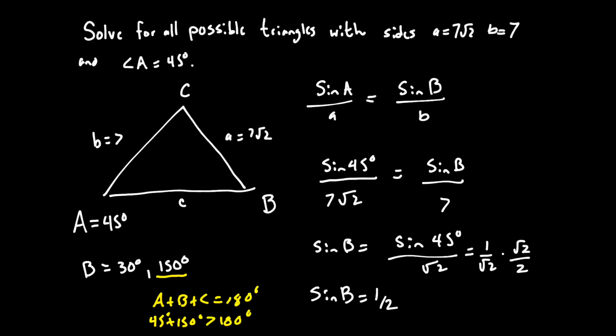And so we can toss out 150 degrees. But we found that B is 30 degrees, A was given to be 45 degrees, which means C is going to be the remainder, which is 180 minus 75.